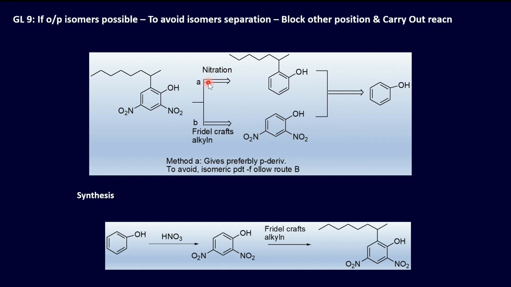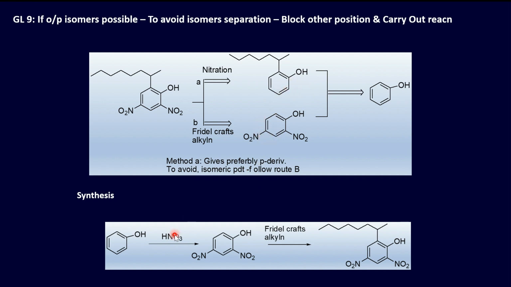Here, this is route A, this is route B. If I follow route A, first I will take this and nitrate it. It gives para derivative. I want it at meta position. That's why route A is not possible.